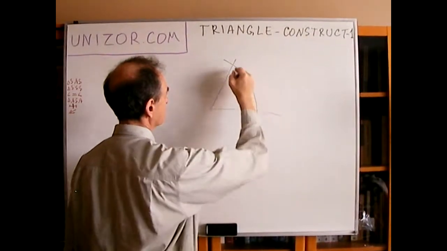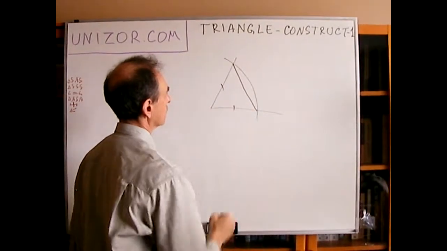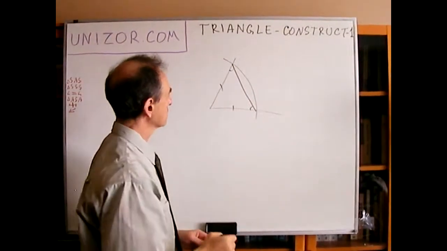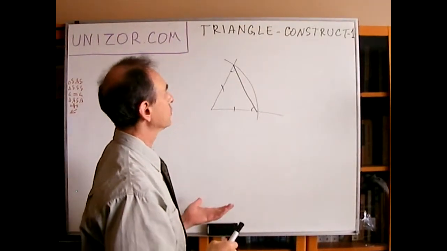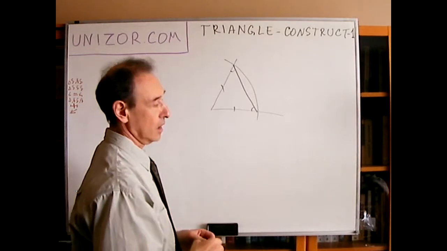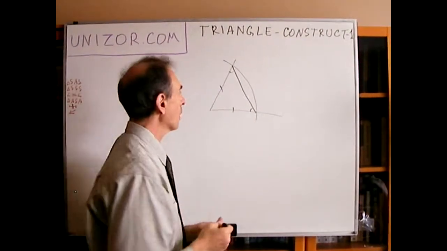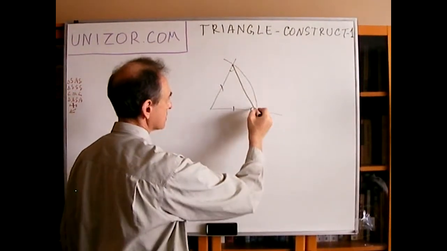So you have basically an equilateral triangle here with these two lines equal, these two angles equal, congruent to each other. And now what you can do is continue using exactly the same technique as before and construct the perpendicular bisector to this segment.